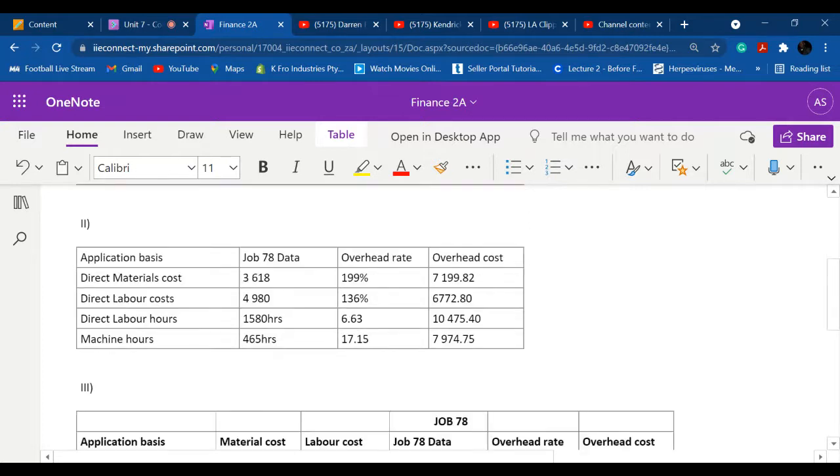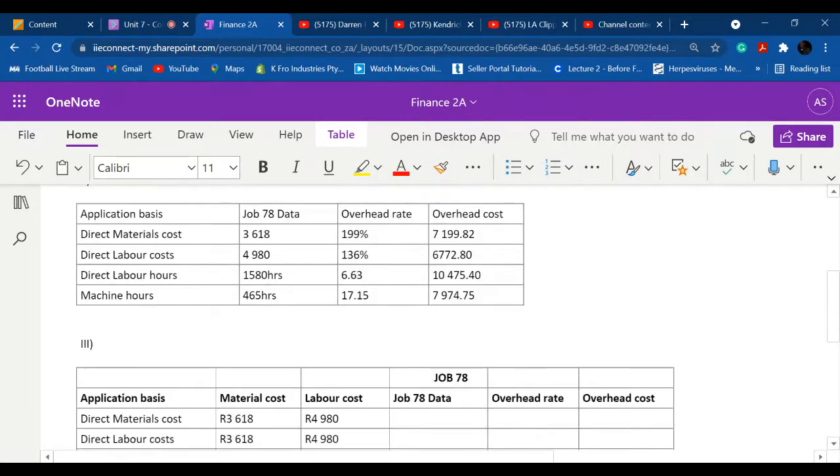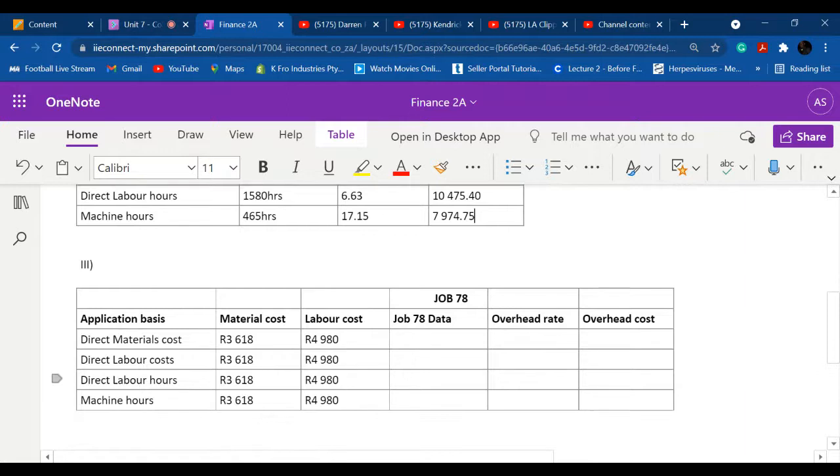So what we are then going to do, scroll down. Okay, so I've just done us a favor to save us time. Remember what I told you? The total cost of the job or of a product, you know that it is material cost or your direct material cost. Then your labor cost or your direct labor cost, plus your manufacturing overhead.